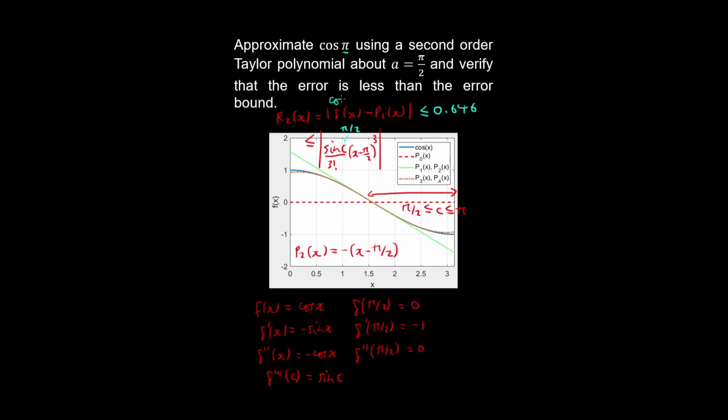And if you substitute f of x and x in the polynomial approximation, you'll obtain the error, which is 0.571. So as you can see, the error is less than the error bound.